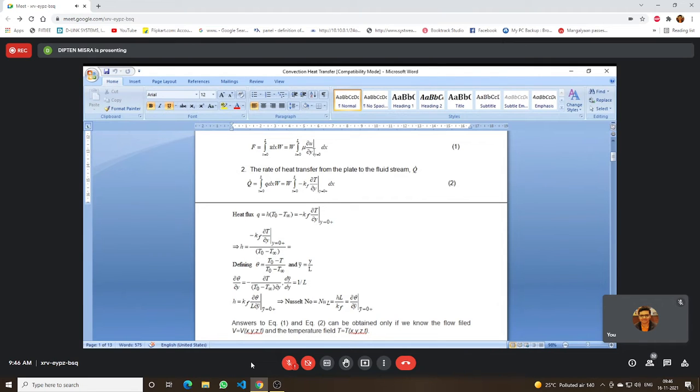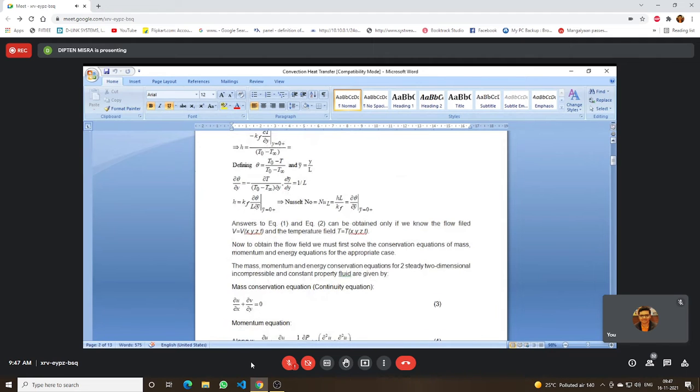So it is compulsory that we know how the velocity field is distributed over space and time, and how the temperature is also varying over space and time. Now what we are trying to show you is just a glimpse of the form of the equation, through solving which we can have the answer how V varies over x, y, z and how T varies over x, y, z.